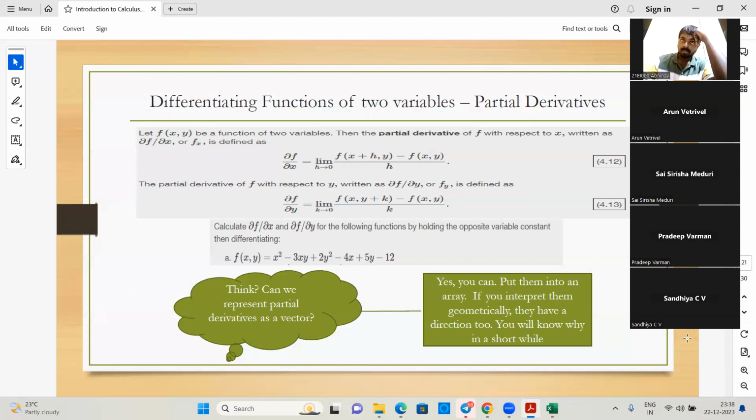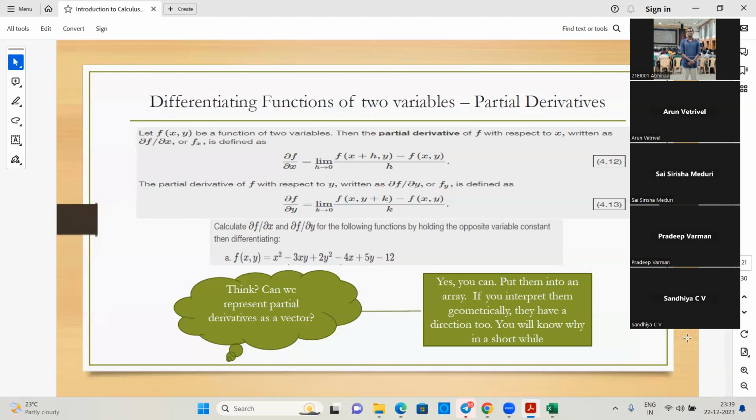Now, a question for your imagination. We'll come to that in a short while. Can we think of these partial derivatives as a vector? There are so many interpretations of the word vector. The most basic interpretation is an array of numbers put together.